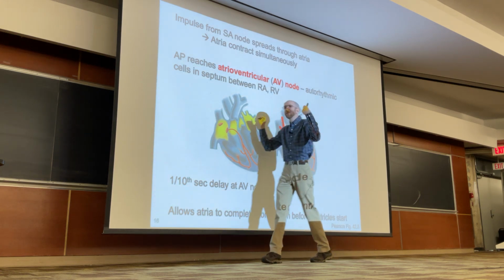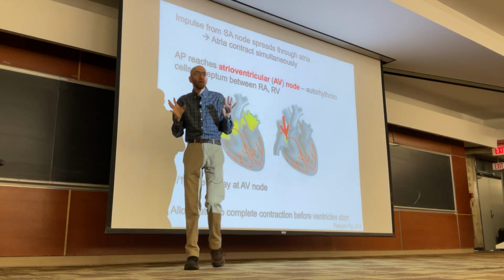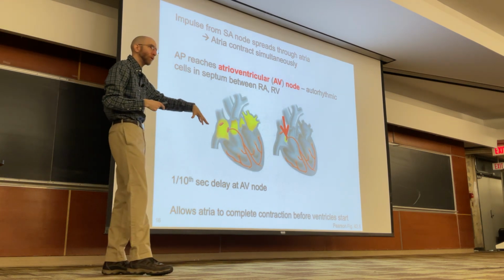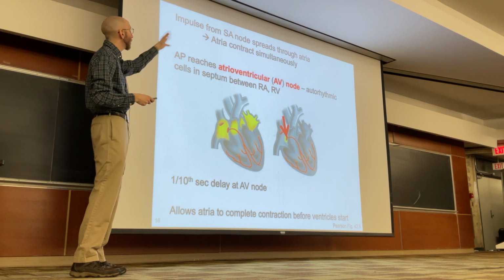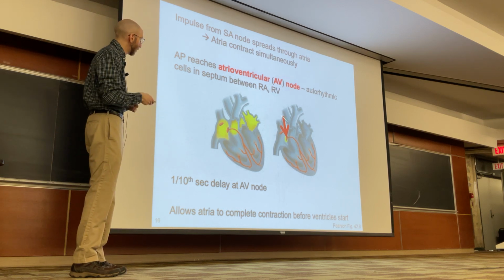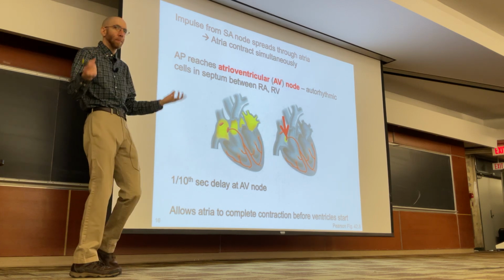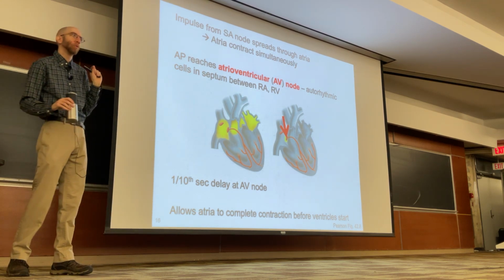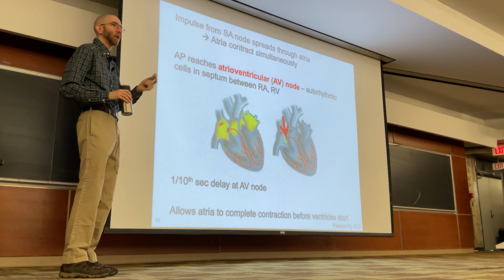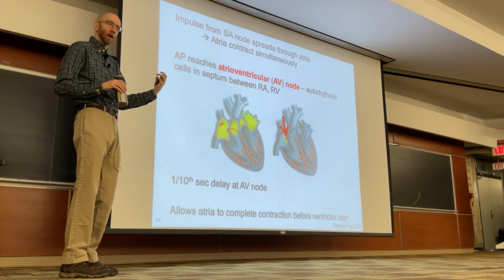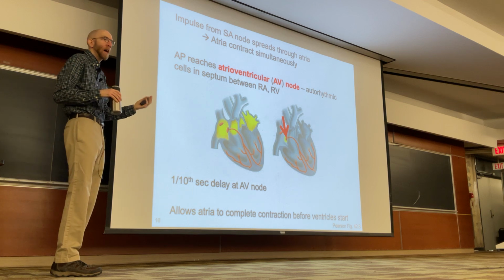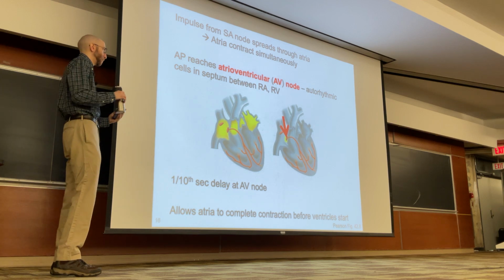You're going to wait for the blood to get down to the ventricles. It only takes a fraction of a second. You just give it that 1/10 of a second pause so the blood moves downwards all the way. Then you can continue the process in the ventricles to pump the blood to either the pulmonary or the systemic circuits. But that pause is really important to make sure that the blood gets all the way down into the ventricles before you contract the ventricles. Otherwise, you'll be contracting half-empty ventricles, and it won't be as efficient.